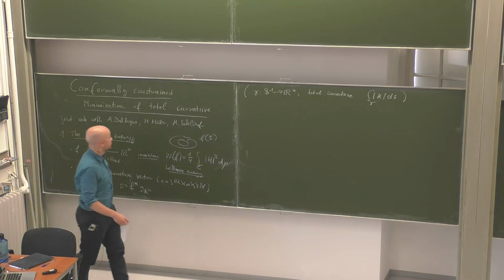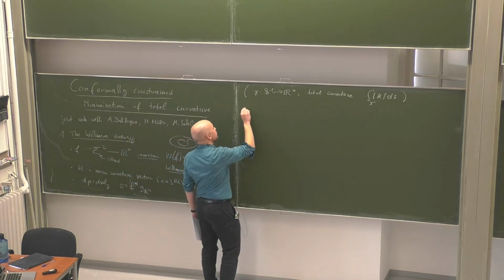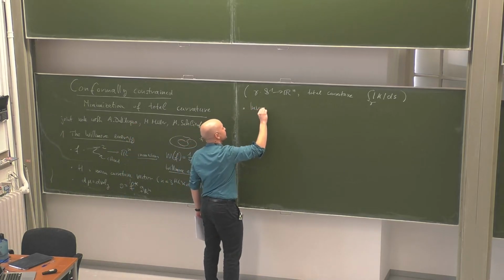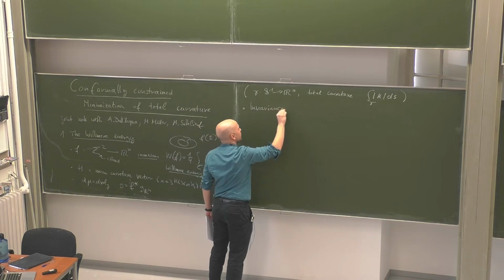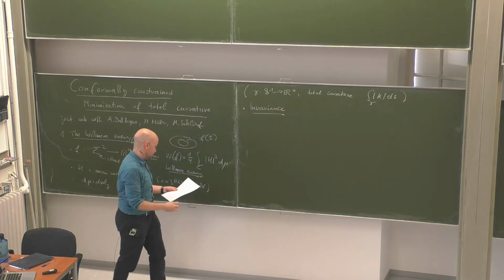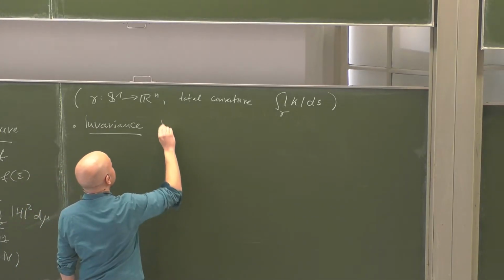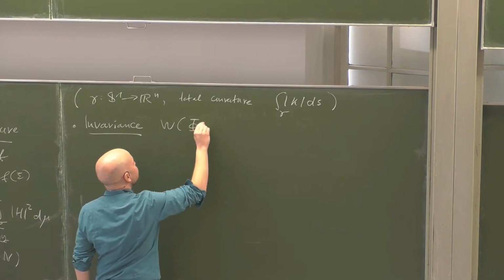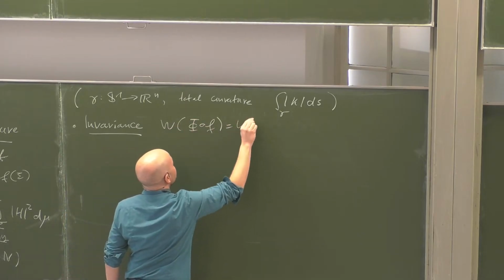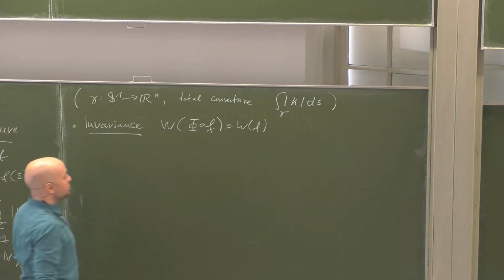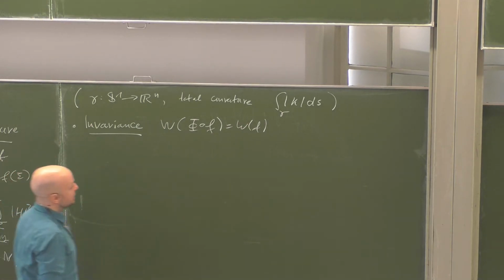Okay, the most important property for this functional is its invariance. And we write it like this. So if we compose from the left with certain maps phi, the energy will not change.